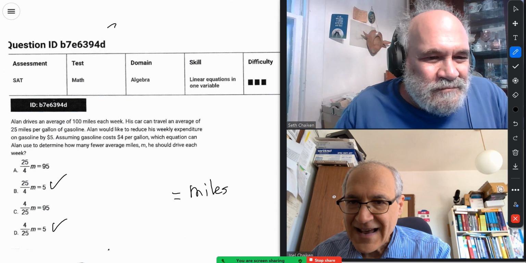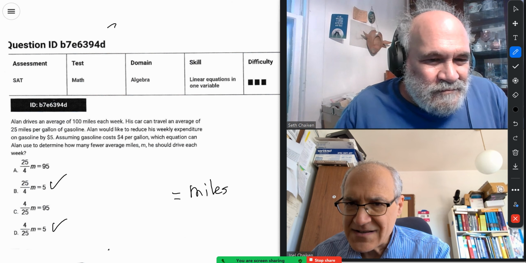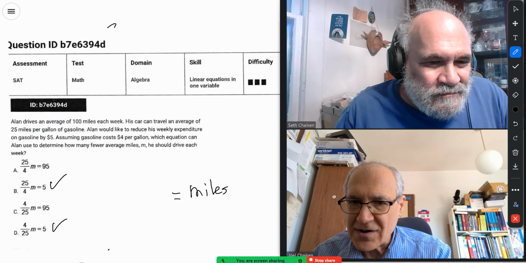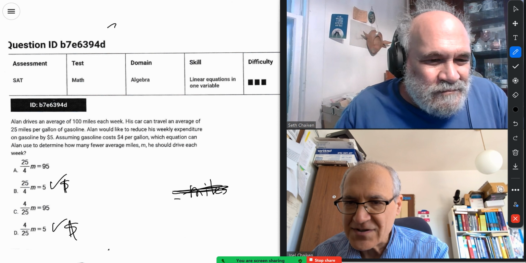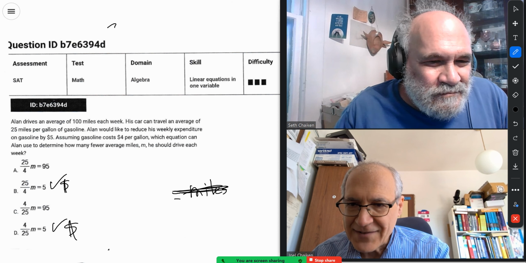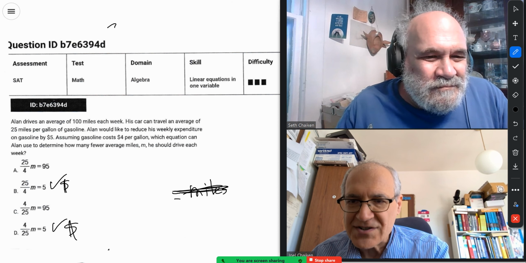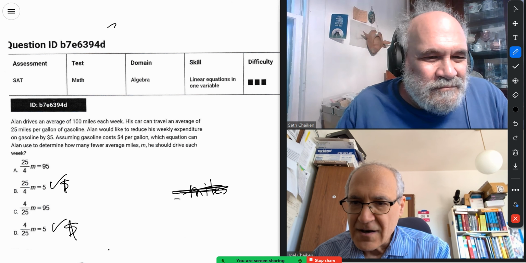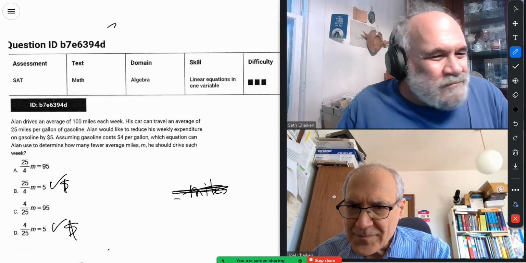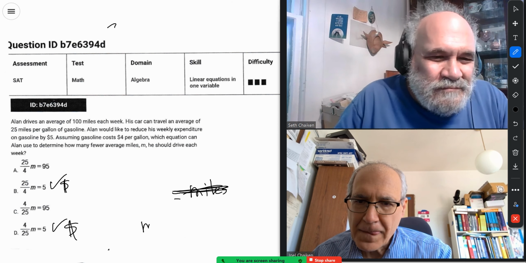Oh, I'm wrong. The 5 has to be in units of dollars. Sorry about that. So when we do this math, we have to make sure that the units of 4 divided by the units of 25, times M, are dollars. M is miles.